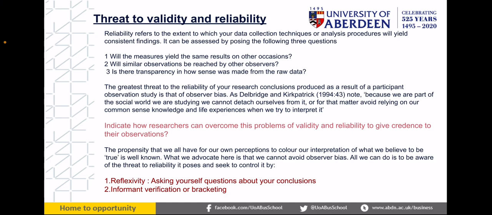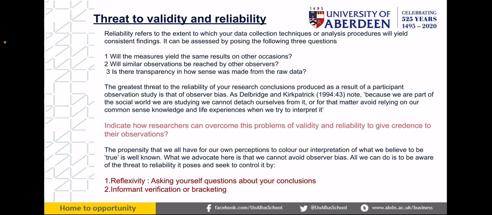A second approach to removing the threats of bias is what we call information verification, or what I like to call bracketing. And this is whereby, having gotten the findings from the participants, you go back and ask them, is this what you meant when you mentioned this? So what you're trying to do is verify from them.